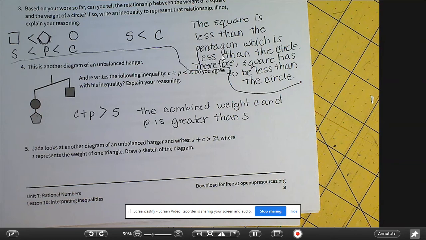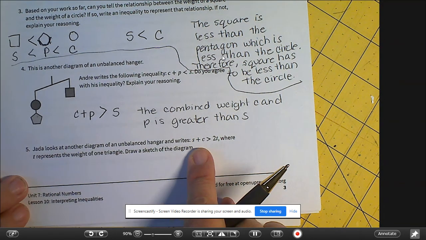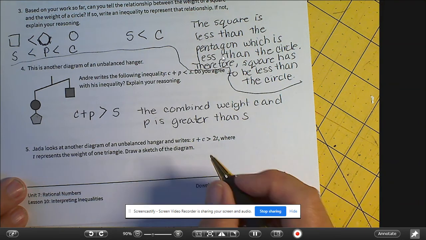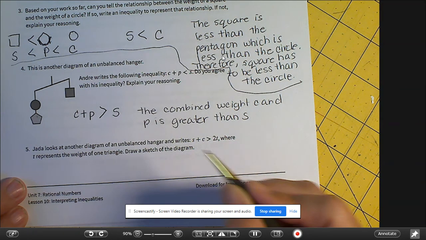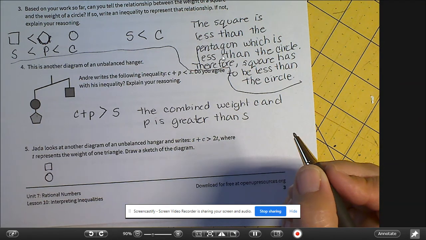Jada looks at another diagram of an unbalanced hanger and writes S plus C is greater than 2T, where T represents the weight of one triangle. Draw a sketch of this diagram. Okay, so Jada looks at another diagram and writes S plus C, so square plus circle, square and circle is greater than 2 triangles.